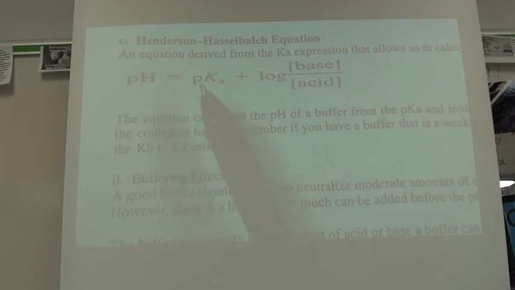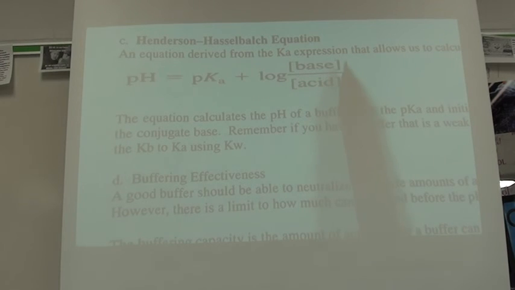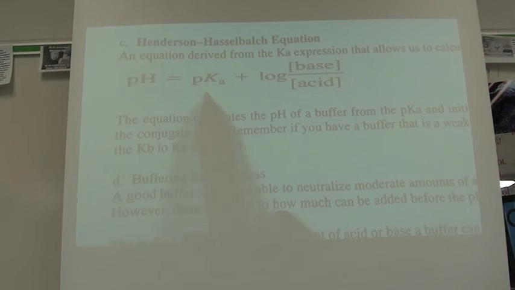So the pH of a buffer is equal to the pKa of the acid part of the buffer plus the log of the concentration of the base divided by the concentration of the acid. Take the molarity of the base divided by the molarity of the acid. Remember we're using log base 10 here. Add it to the pKa. pKa is negative log of the Ka. That's the pH of the buffer.